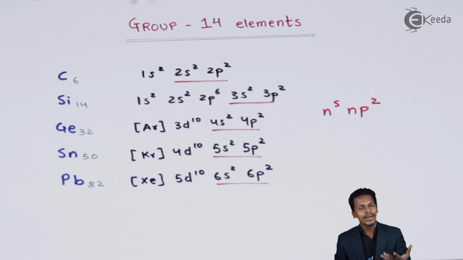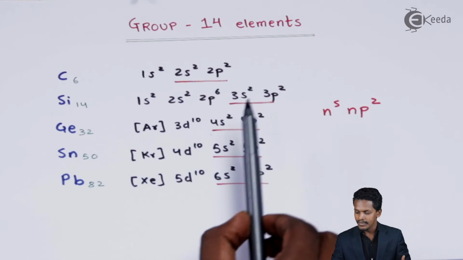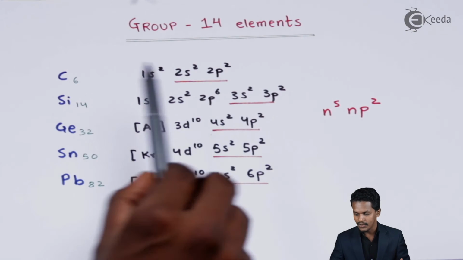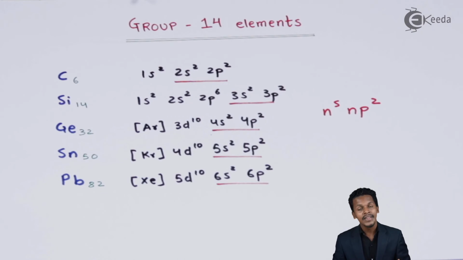Because of the d orbital, the inert pair effect arises, and we have discussed the inert pair effect also, and that's the reason the electrons present in the s orbital, as you can see over here, don't get unpaired, which means they behave like an inert one, and the electrons don't participate in bonding. So therefore the overall number of electrons lost is basically 2. So here I want to mention something.